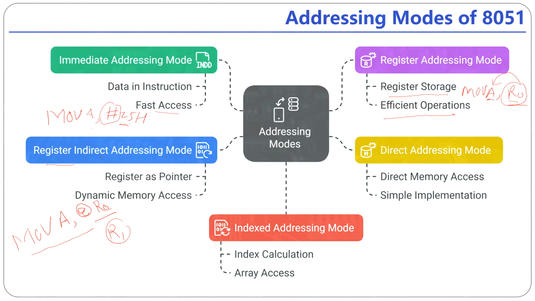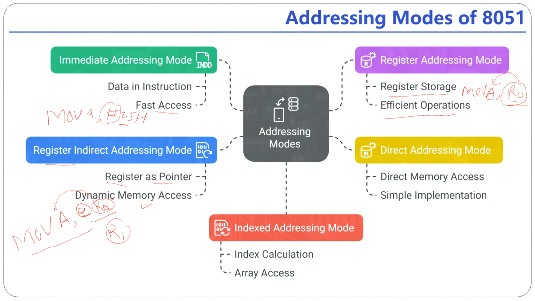In this case, the register is used as a pointer, right? So we can find a value from this location and copy and transfer it here. Dynamic memory access, this one.